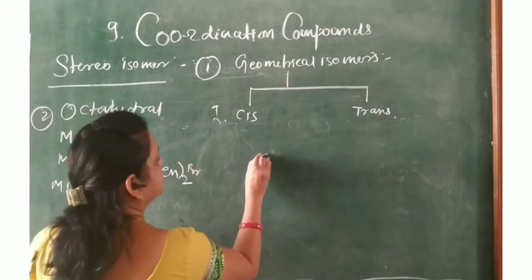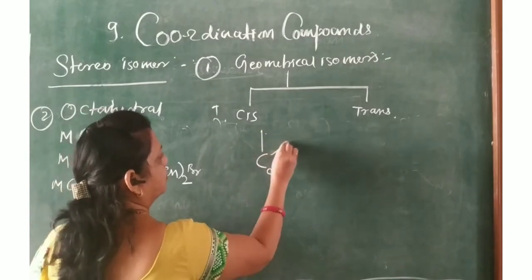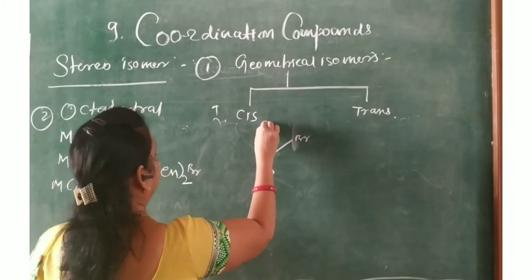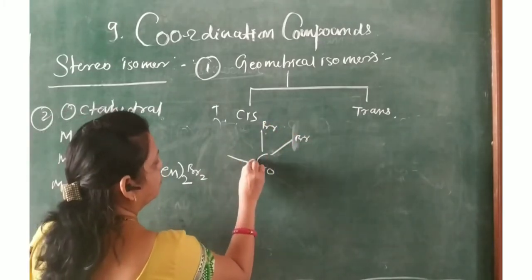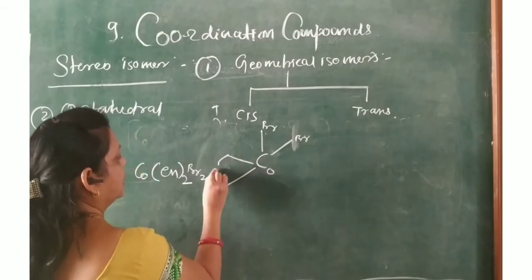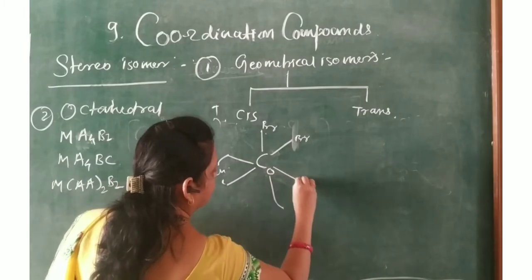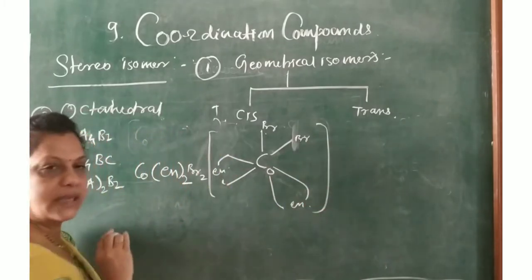Now here Co, here Br, here also Br, and here en and here also en, and this is called cis isomer.